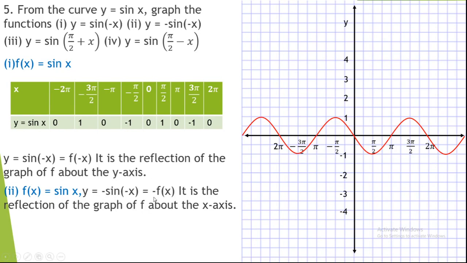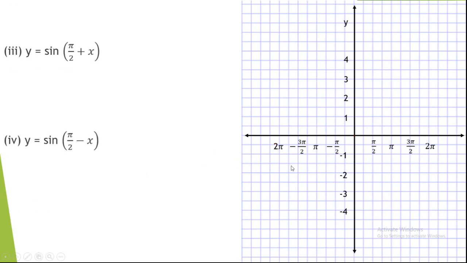When you add a minus, what happens? The graph is reflected about the x axis. So again you see, this is the reflection. We have rotated along the x axis. It's the same as sin x. So sin x and minus sin of minus x are both the same. Right, now we'll get into the next one.